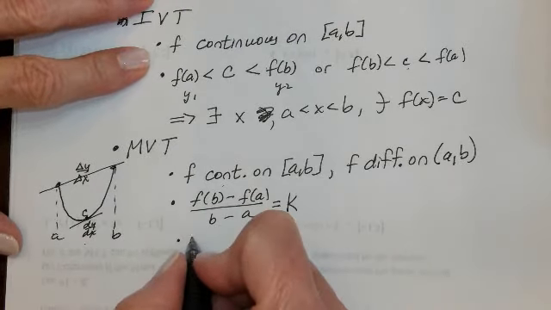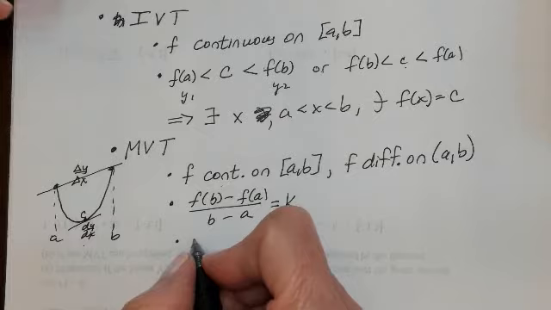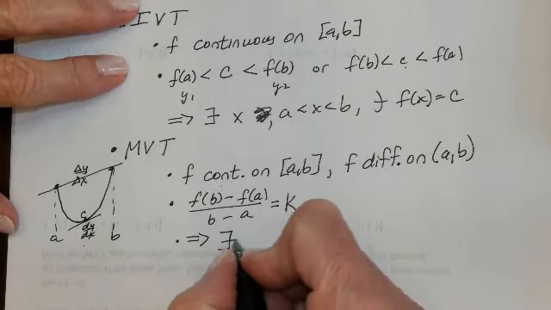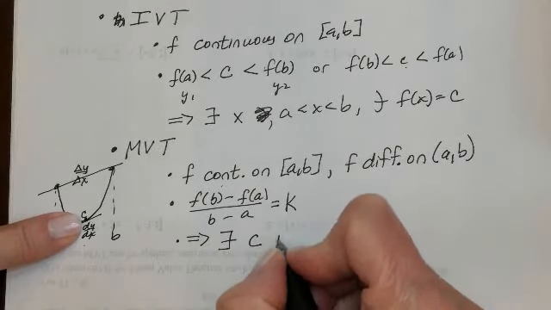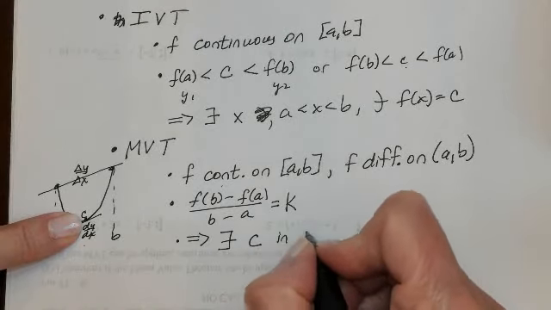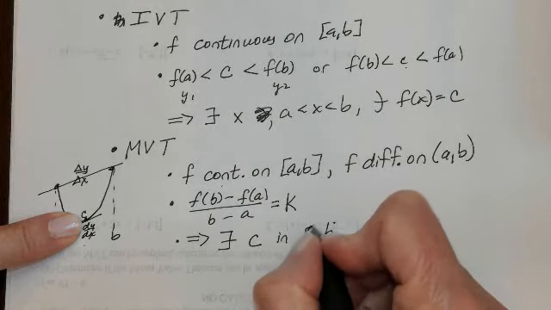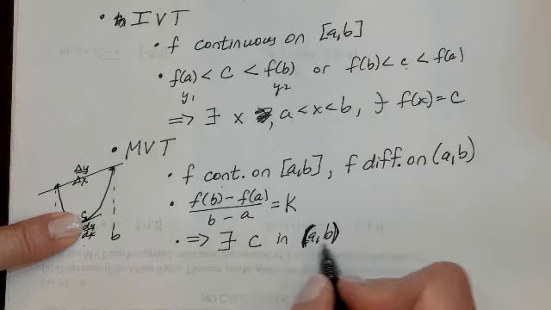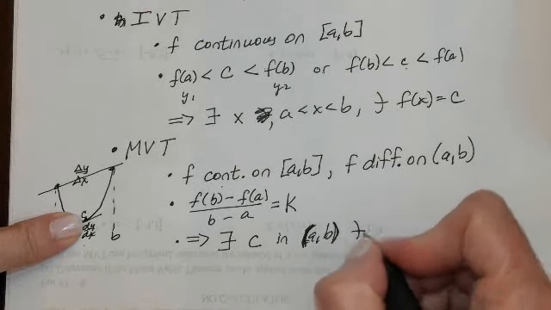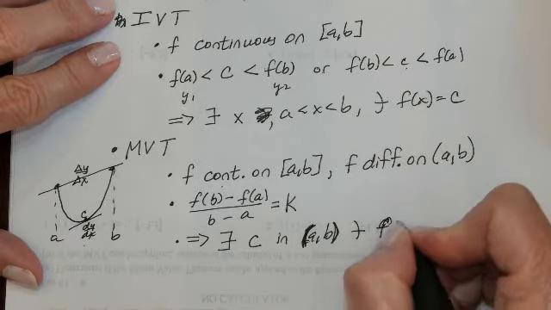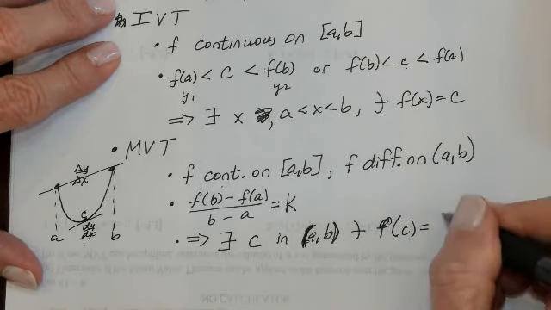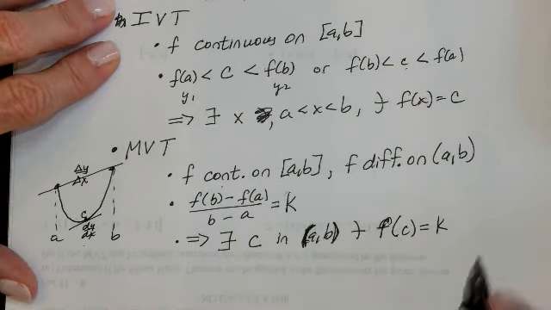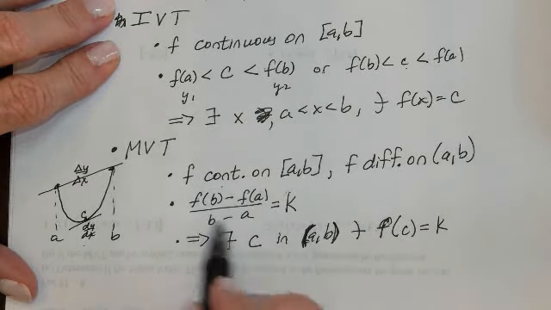Then we can say that by MVT, but we don't have to say by MVT, we can just write therefore there must exist some C in A to B, actually not including the boundaries A and B. It must be inside A to B such that f at C is equal to that slope that we found. Okay? So f of C is equal to this slope.